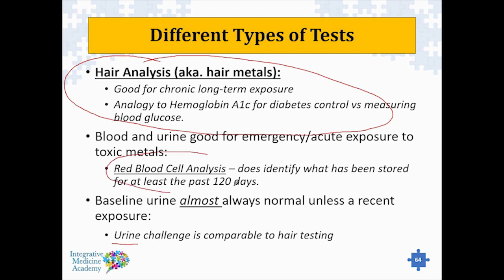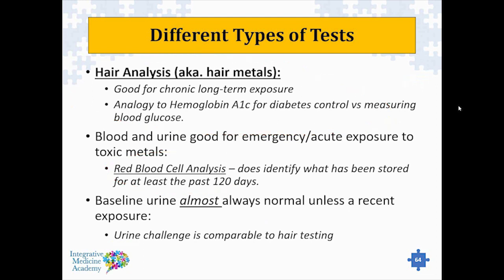If you solely rely on blood testing, again, you may not be able to pick up on the presence of heavy metals unless there's been some acute exposure. So I really think the best entry-level test for exposure, for assessment, is the hair analysis.